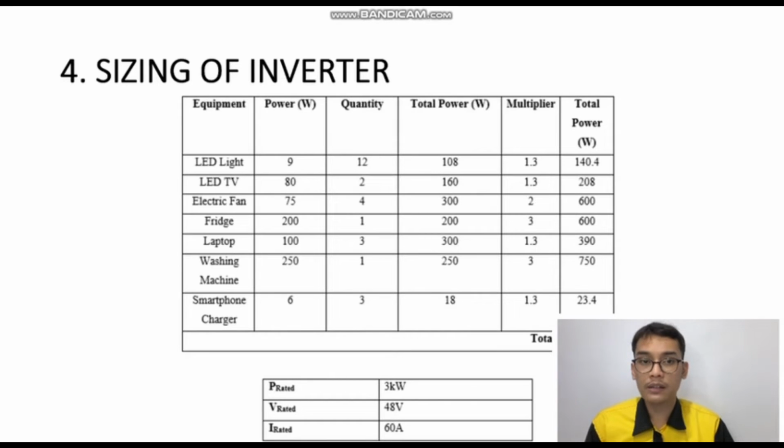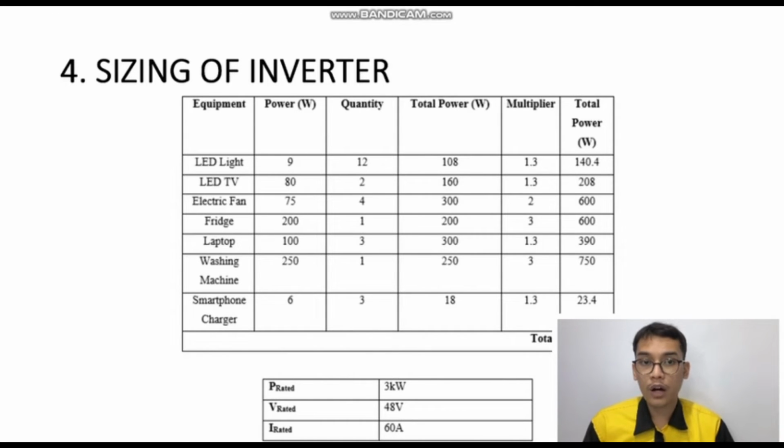After that, we must calculate the sizing of our inverter. From the load equipment, we will find the power and the quantity for each equipment. After that, we must multiply the total power of each equipment with a multiplier. In this case, some of the equipment we only multiply with 1.3, but for some equipment, such as equipment with motors, we must multiply it with 2 or 3 according to the equipment.